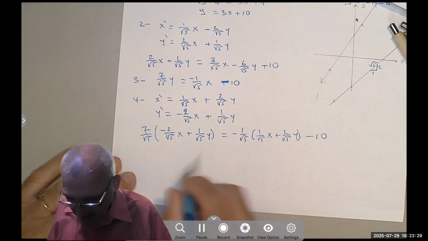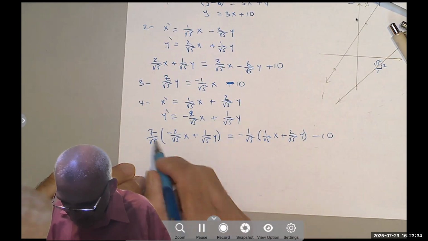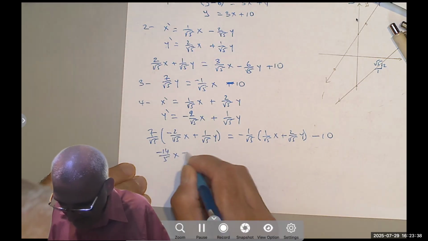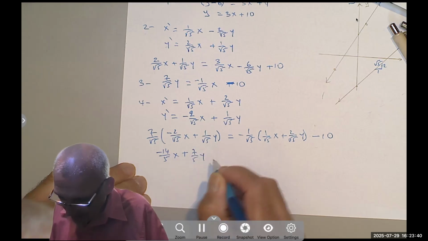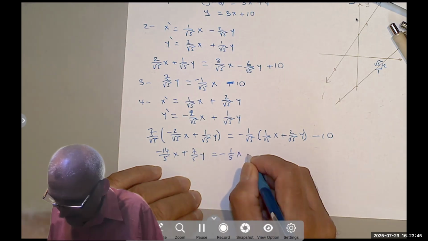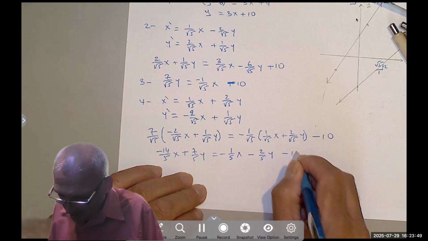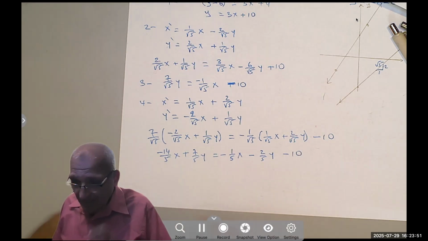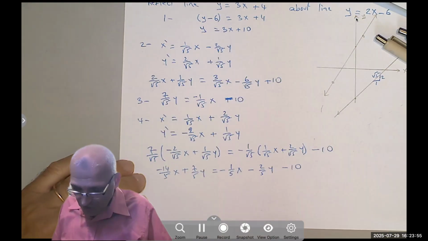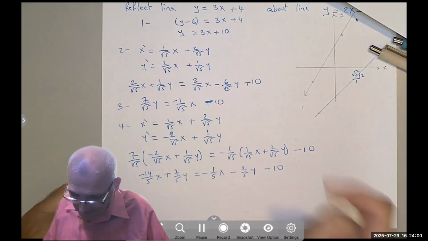Now let's distribute that. You get negative 14/5 x plus 7/5 y equals negative 1/5 x minus 2/5 y minus 10. And then you are going to move down 6 units. So every y becomes y minus 6.